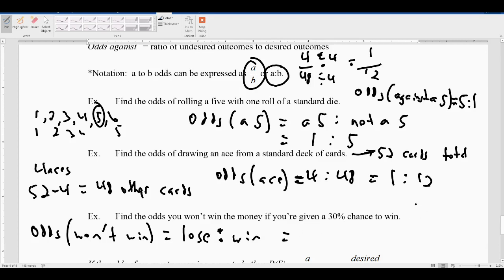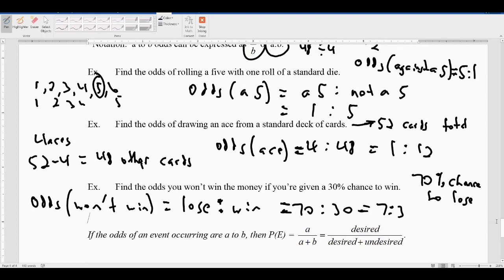Well, if you have a 30% chance to win, 70% chance that you're going to lose. So in that case, the percentage chance of losing is 70, versus the 30% chance of winning. And just like the fraction, both of those are divisible by 10, so it becomes 7 to 3. Not so bad.